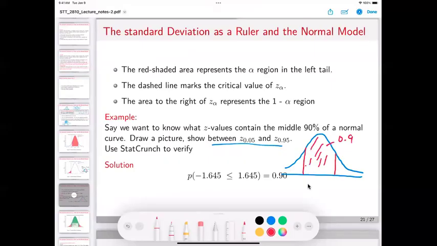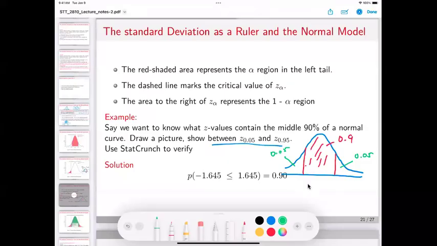We are told that the middle is what? 90%. If the middle is 90%, what will this side be? What would here be? What is this area? 0.05? What would this area also be? 0.05.